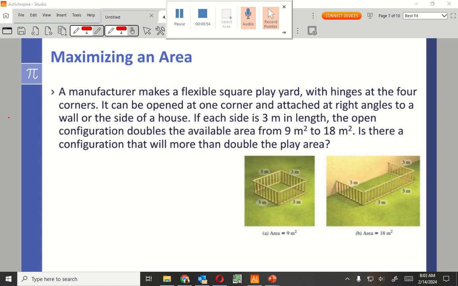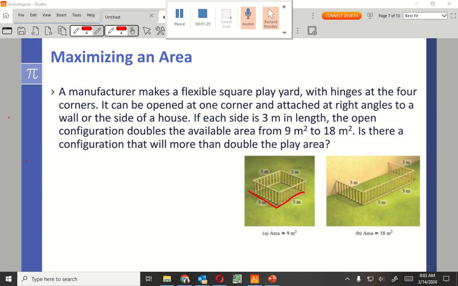Anyway. All right, so this is actually an example of looking to maximize area. So here is an area using a 3x3 flexible square play yard, a little playpen, or you could just call it a little thing for dogs and stuff like that. It's 3 meters tall. Anyway, so right here, a 3x3.